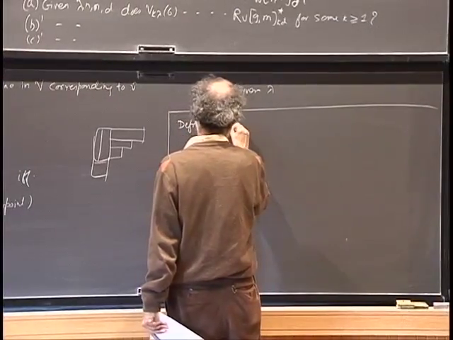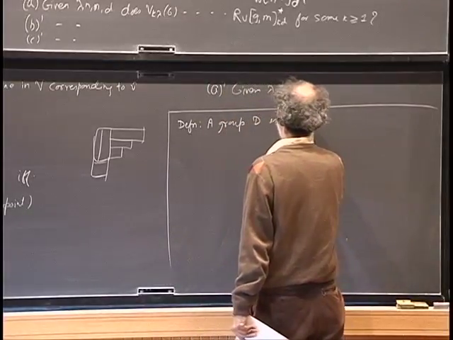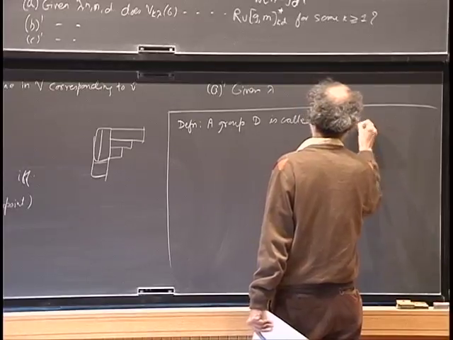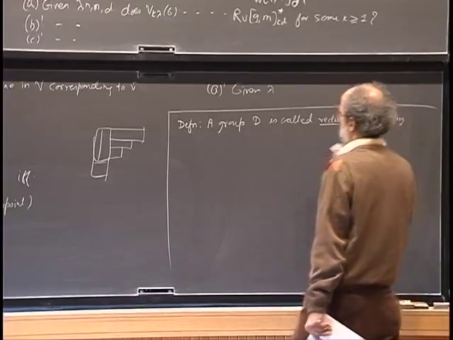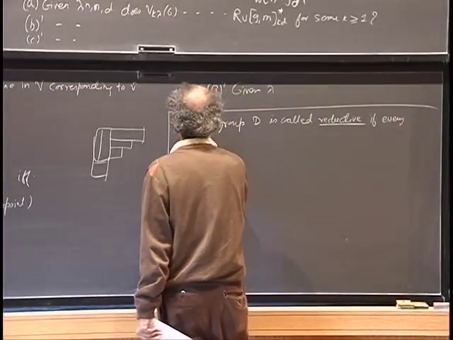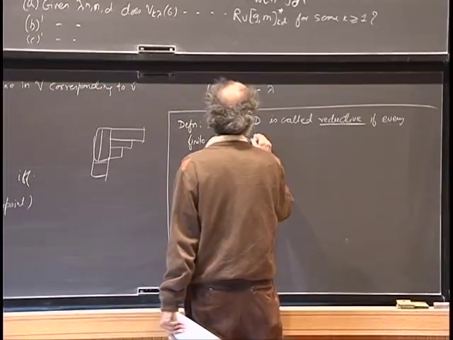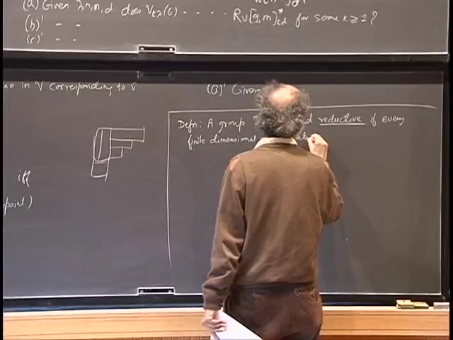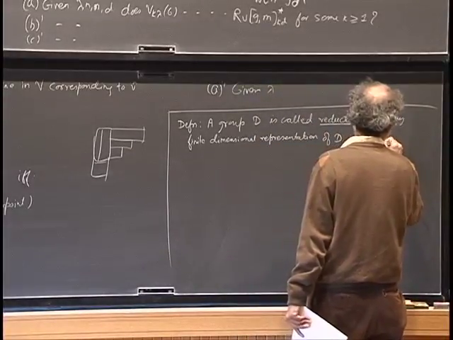We'll say that a group D is called reductive if every finite dimensional representation of D is completely reducible.